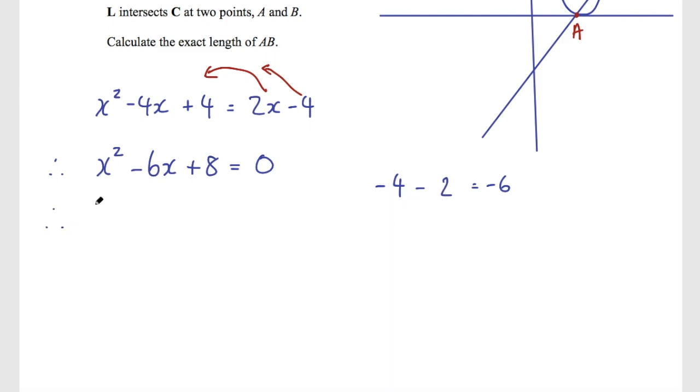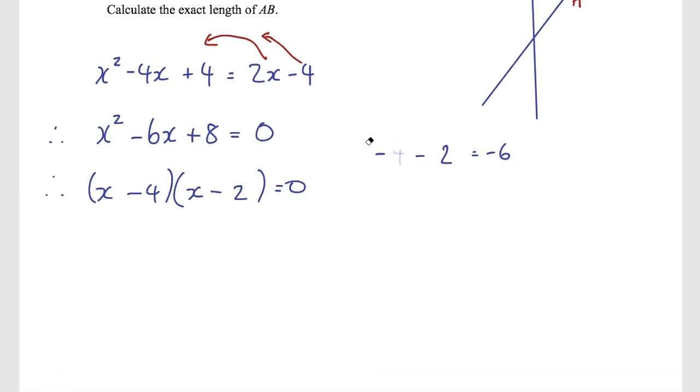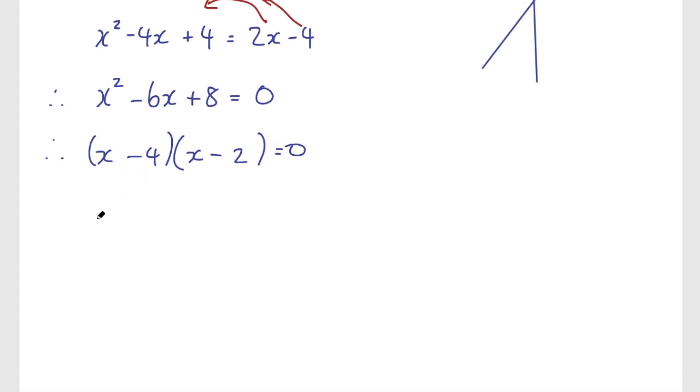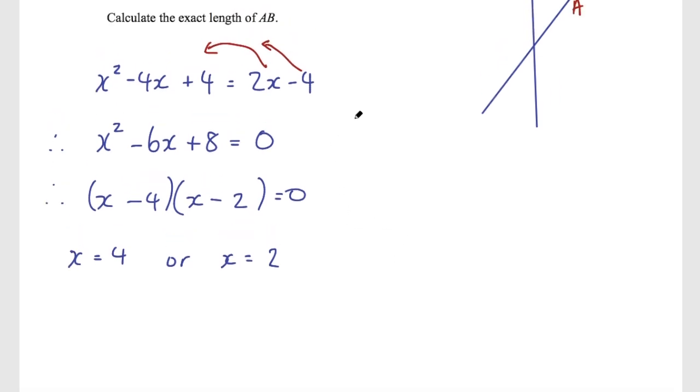So therefore I can factorize this into two brackets. And I put my x's in, and then I've got a minus 4 and a minus 2. Alright. Okay, so now I can say that x will either equal plus 4 or x will equal plus 2.